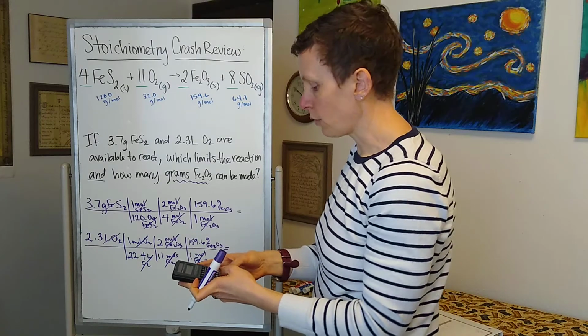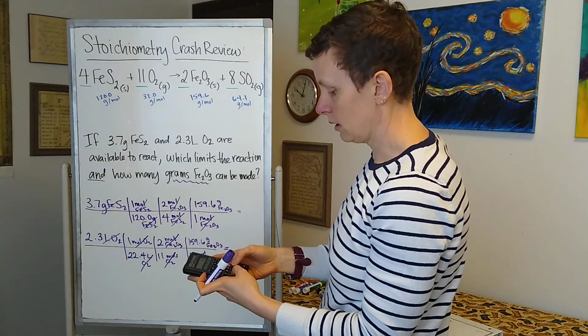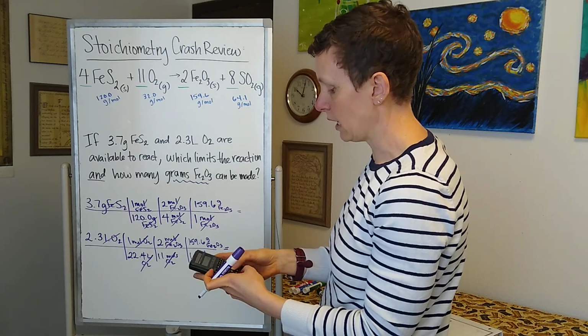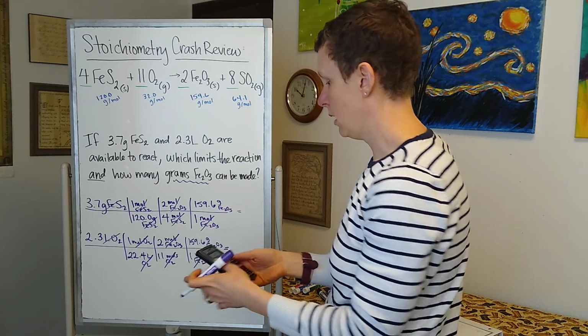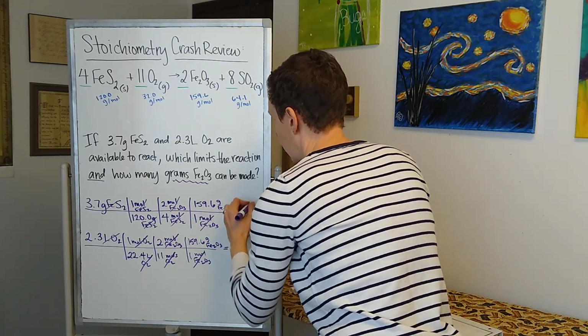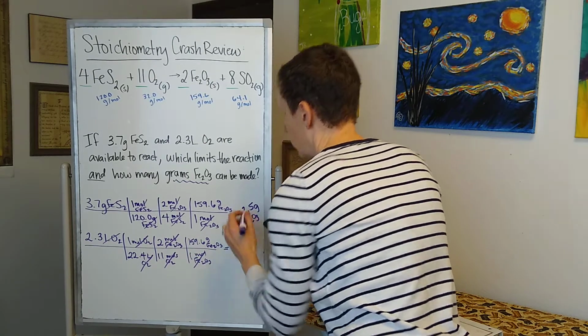Okay, so 3.7 divided by 120 times 2 divided by 4 times 159.6. This, with only 2 sig figs, is going to give us 2.5 grams of Fe2O3. Okay.